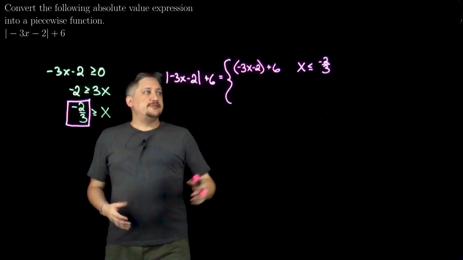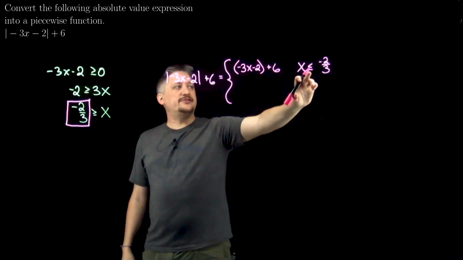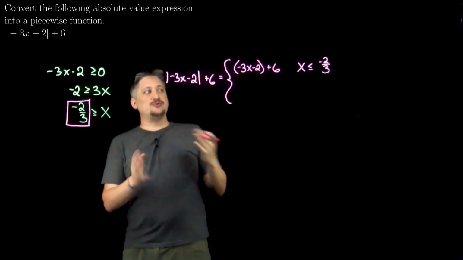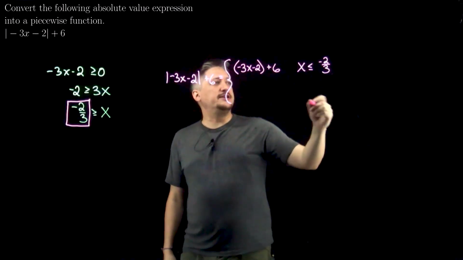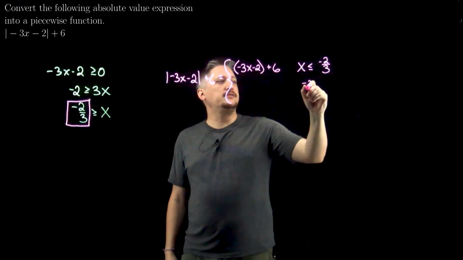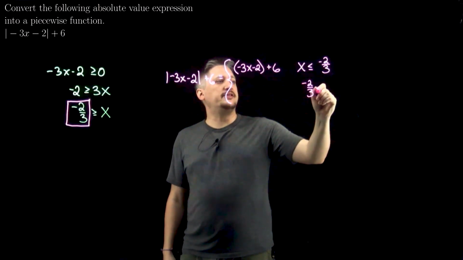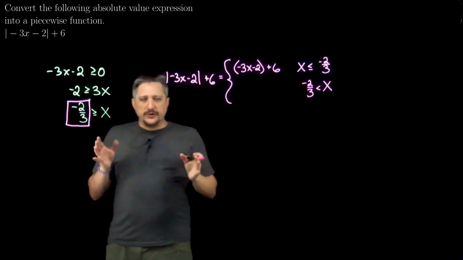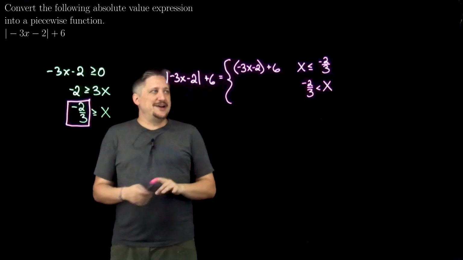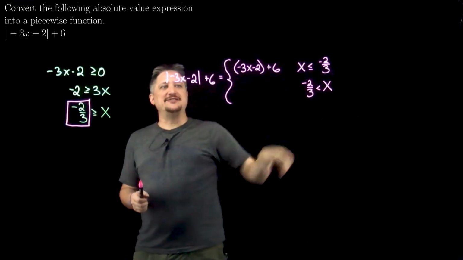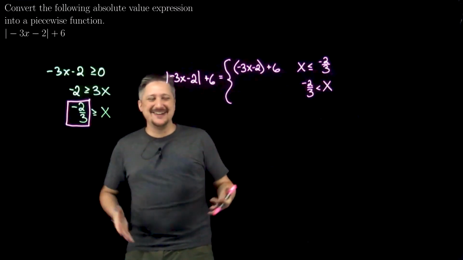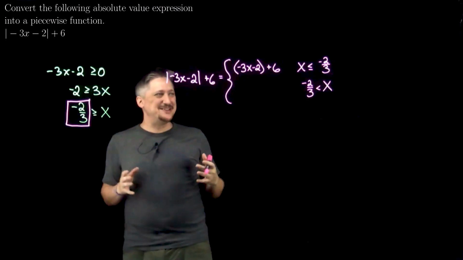And then I have the other case, where x is less than or equal to -2/3 on one side, but I have the other case where it's on the other side. It's greater than. So I have the case where -2/3 is less than x, or x is greater than -2/3. For reasons that aren't particularly important for this class, most mathematicians like the less than symbol more than the greater than symbol. I realize it doesn't really matter, but it's instinct to me at this point.